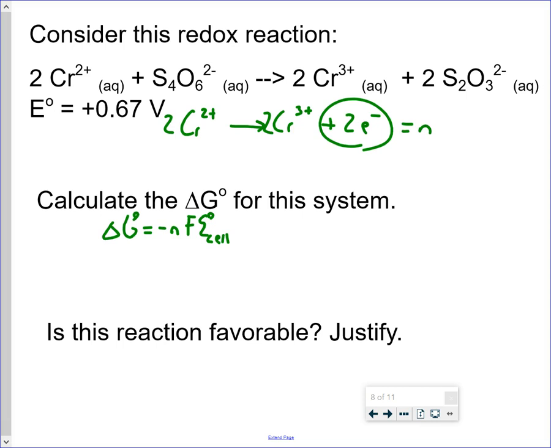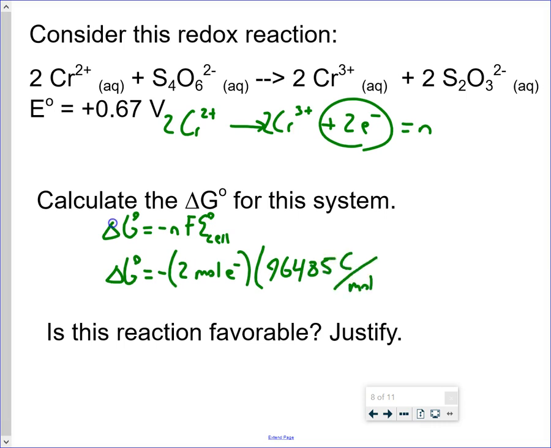We just got to kind of plug and chug. So delta G is going to equal a negative value of our 2 moles of electrons multiplied by Faraday's constant, which is 96485 coulombs per mole of electron, multiplied by the potential of our cell, which is 0.67 volts. I'm going to write volts as joules per coulomb, and you'll see why in a second.